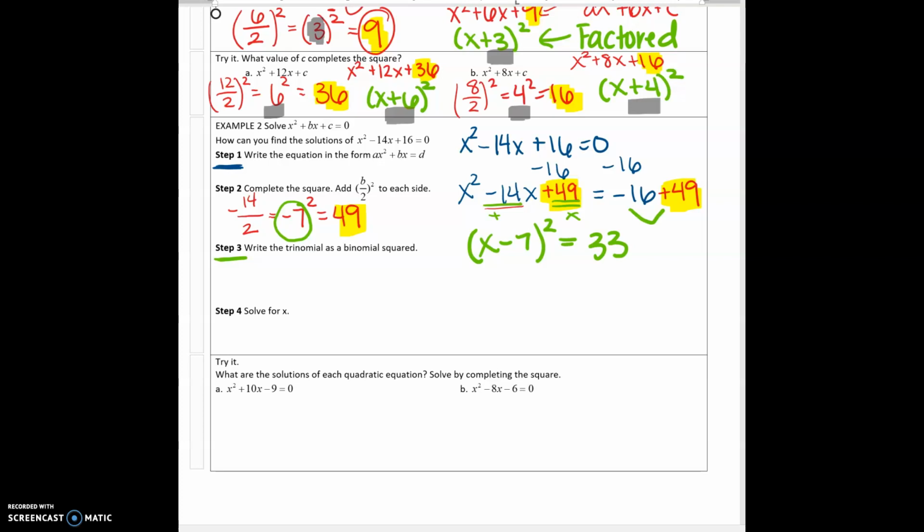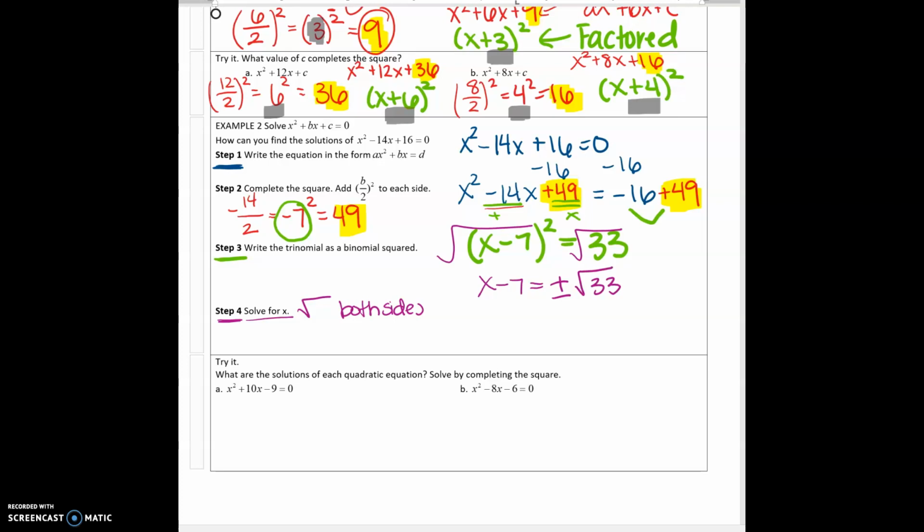Okay, and then the very last step here is solving for x. So we're going to solve for x. So we're first going to square root both sides. So square root, and that leaves us with x minus 7 equals plus or minus the square root of 33.